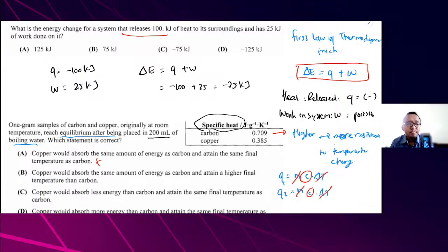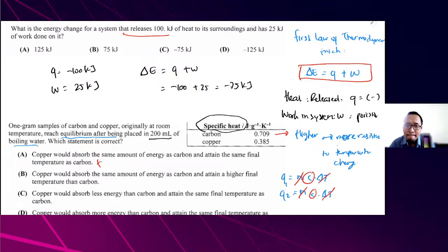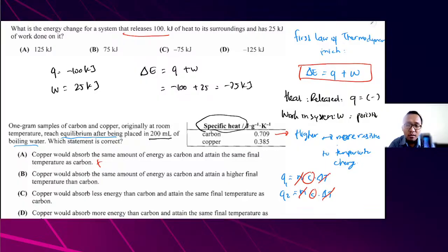B: Copper will absorb the same amount of energy as carbon. Nope, because, like I mentioned, does copper have the same specific heat? No. Let me change the ratio here, to give much more space at the bottom.